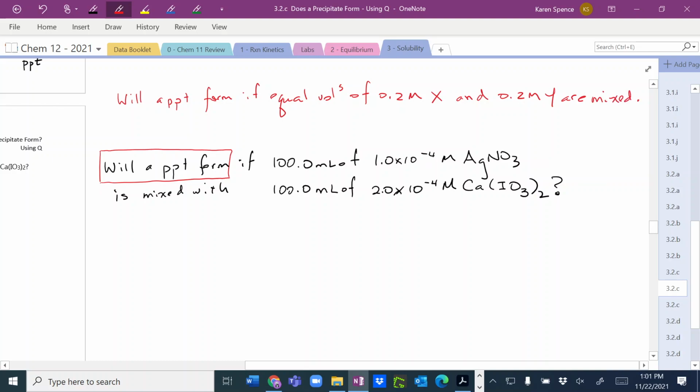If you saw that kind of question with the 0.2 molar and the 0.2 molar, where would you look to solve that question? That would just be your solubility table, yes?